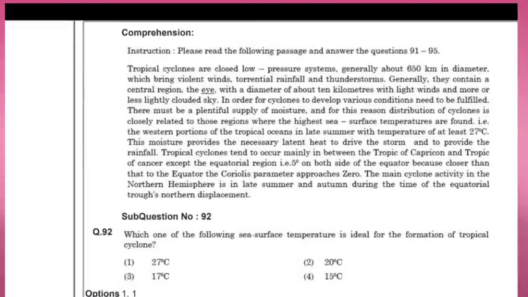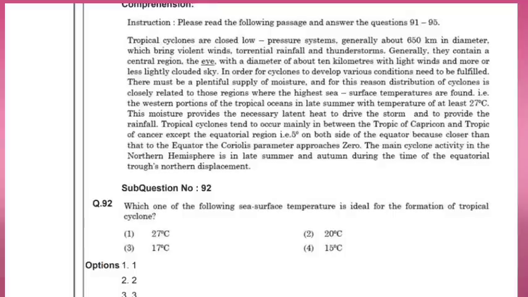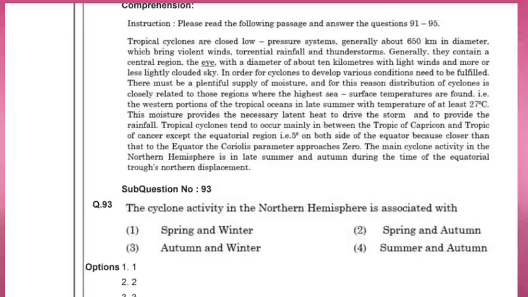Next, a comprehension-type question, ID 690, the answer is 127 degrees centigrade. And next, question ID 691, cyclone activity in the northern hemisphere. The answer is option 4, summer and autumn. Summer and autumn is the right answer here.